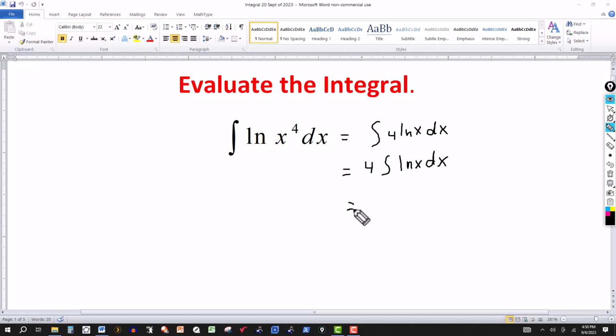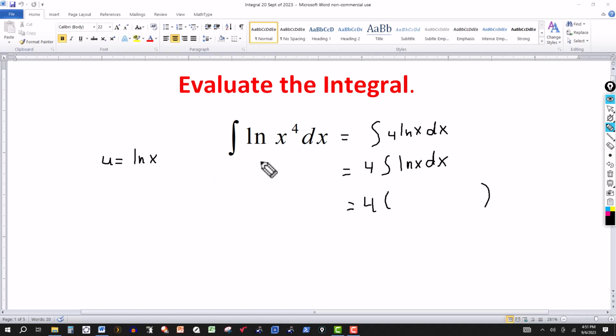Say this is equal to 4 times the integral of ln of x. Now I've derived or solved this integral in other videos, and it involves integration by parts. So let's just look at this one here. Integration by parts: we'll let u equal ln of x.